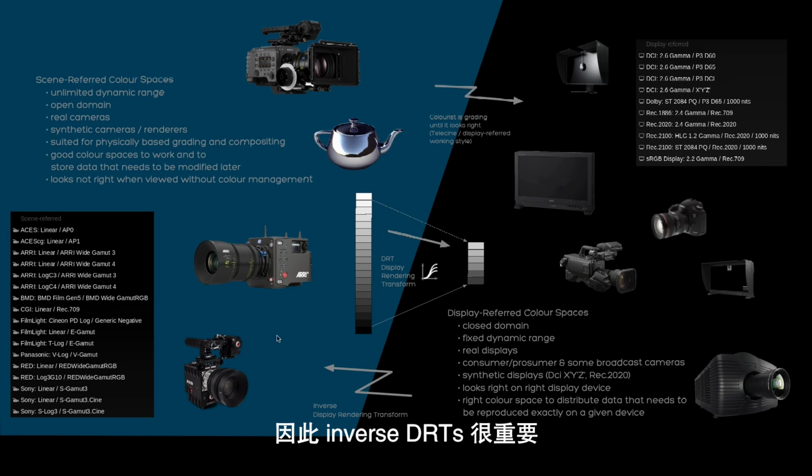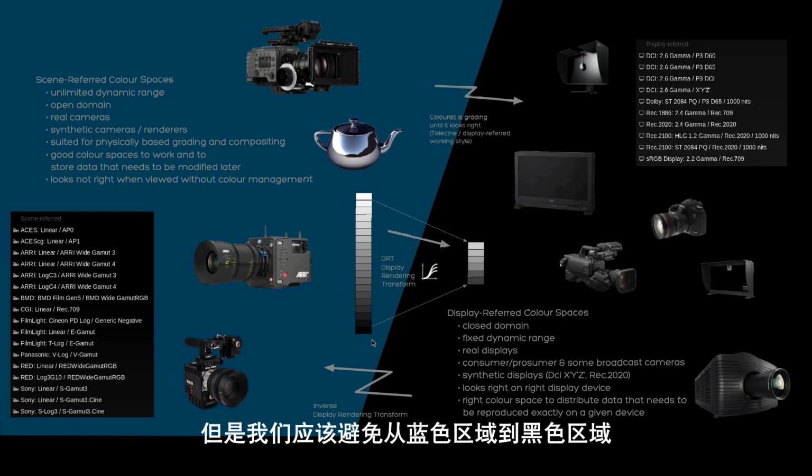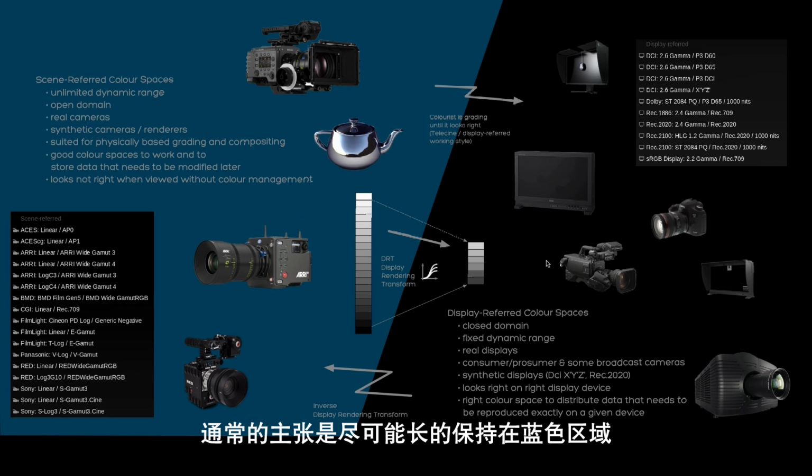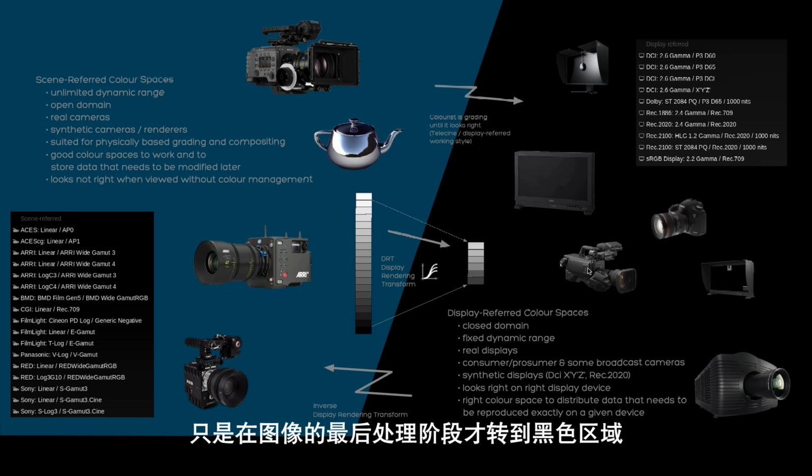So inverse DRTs are important and often required and necessary, but we should always avoid going from the blue side to the black side, back to the blue, back to the black, etc., etc. So the general idea remains: stay on the blue side as long as possible and only cross over to the black side once as one of the final stages in image processing.